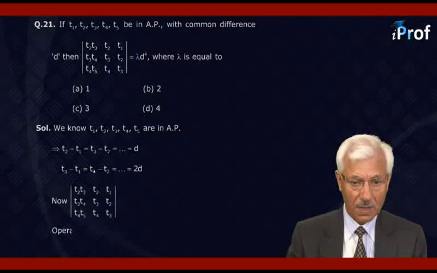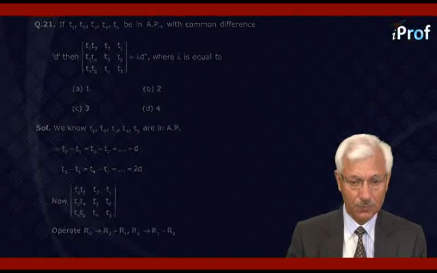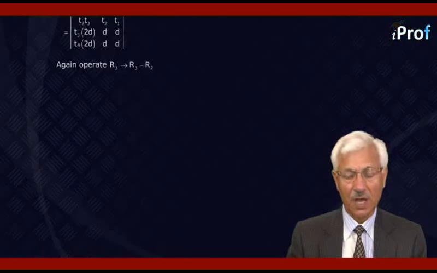Operate R2 goes to R2 minus R1 and R3 goes to R3 minus R2. We get the first row as T2, T3, T2 minus T1, the second row as T3 times 2D, D, D, and the last row as T4 times 2D, D, D. Again operate R3 goes to R3 minus R2.